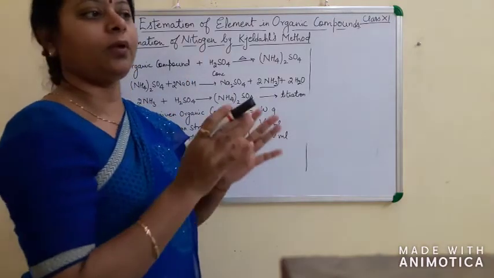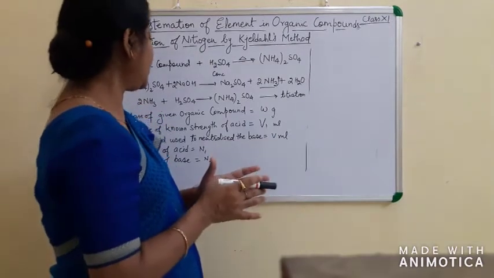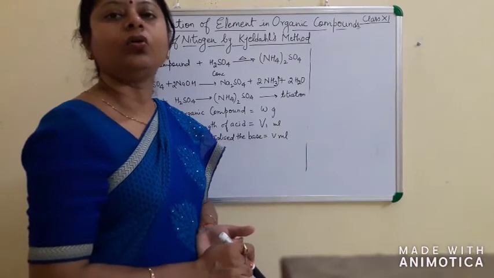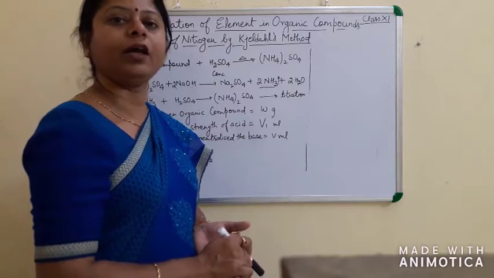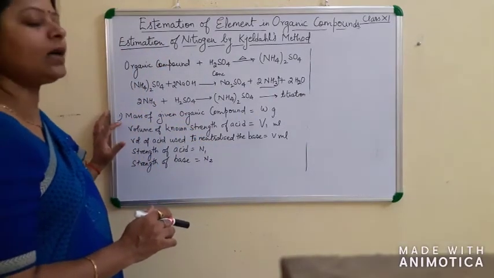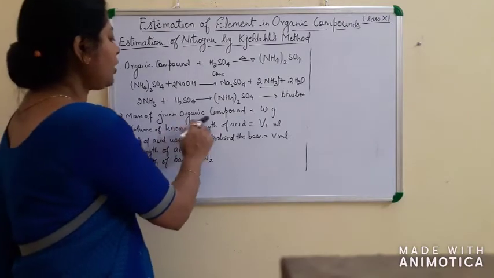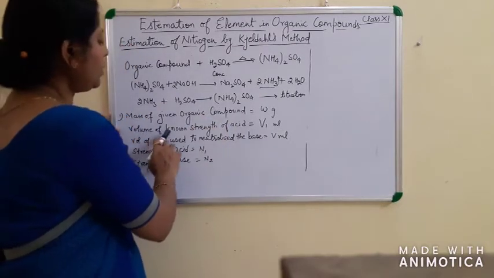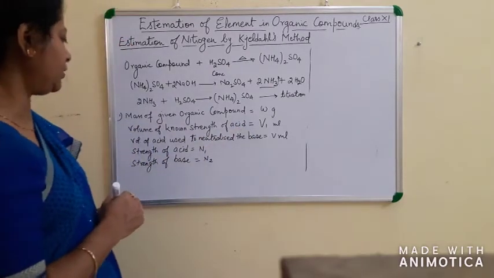Now this formed ammonium sulfate is collected and we treat it by the back titration method to calculate the percentage of nitrogen in the organic compound. Let the mass of the given organic compound be W gram, and the volume of the known strength of the standard acid be V1 milliliter.